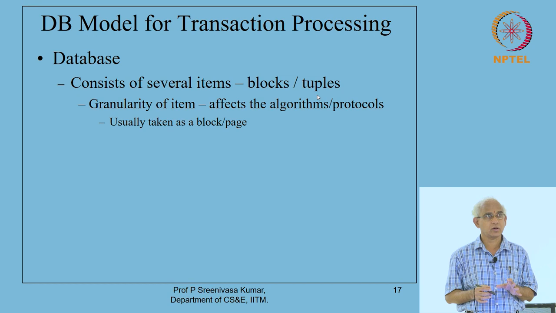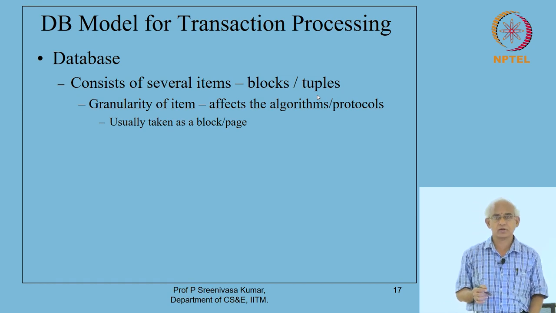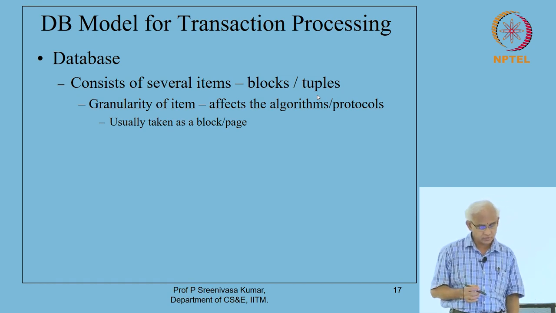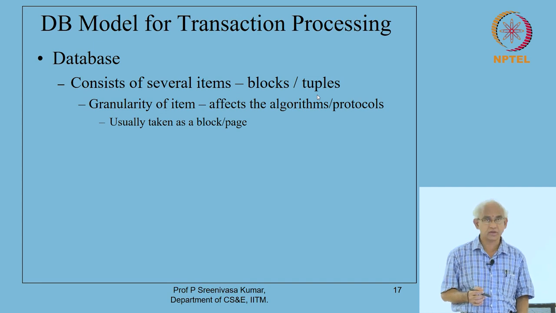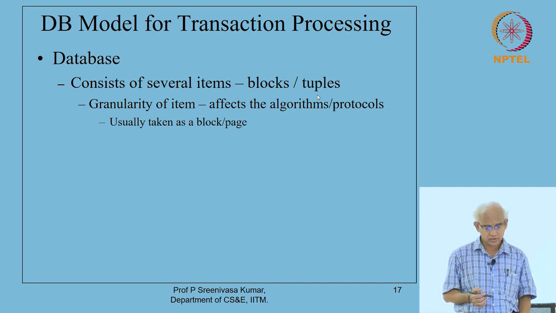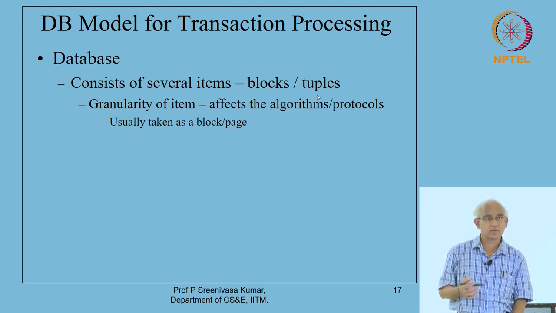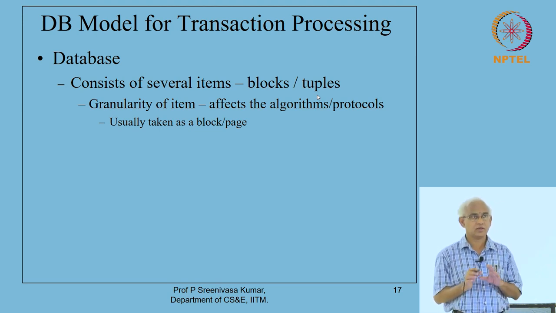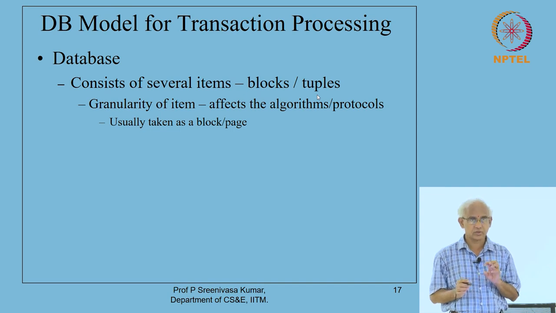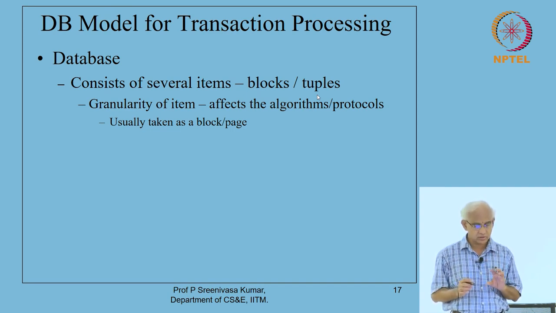So let me go over the last slide that we were looking at in the last lecture. Basically, the database model for transaction processing is that we think of the database as consisting of several items, and each of these items is independently accessible. The transactions will ask for these items, modify them, and then write them back.